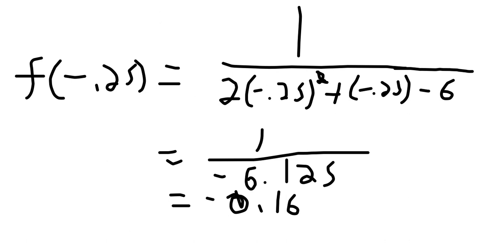So let's put all of this together. We've got vertical asymptotes at negative 2 and positive 1.5. We've got a local maximum with a value of negative 0.16. And our end behavior is as x approaches infinity, y approaches 0 from above.